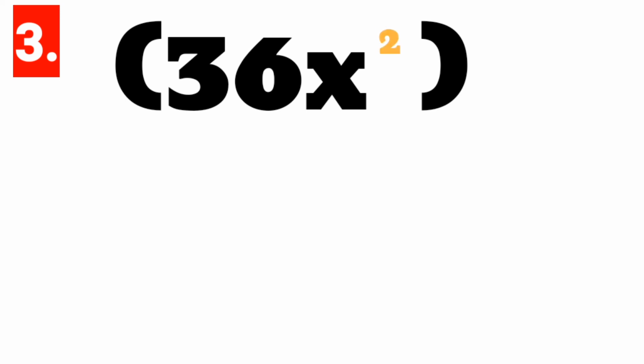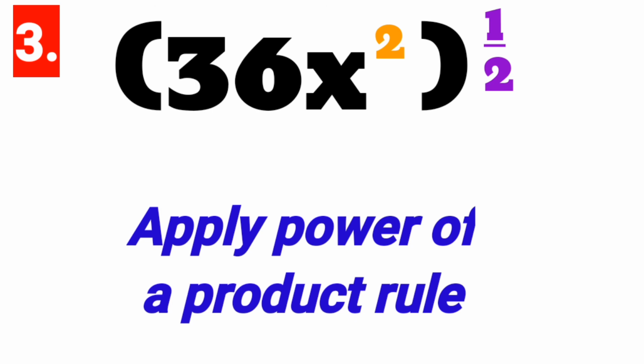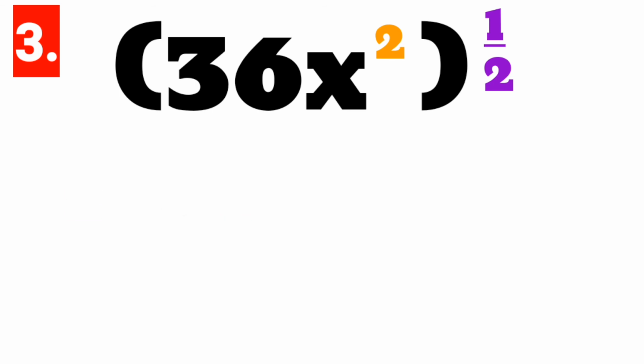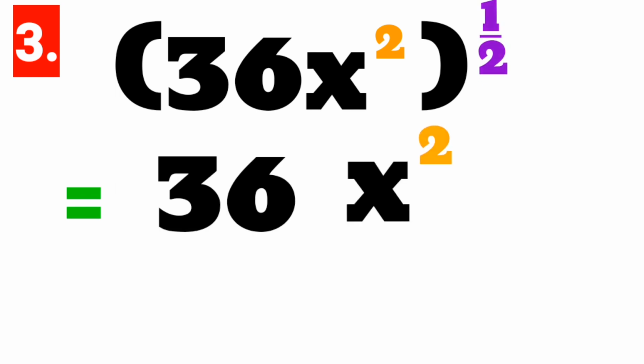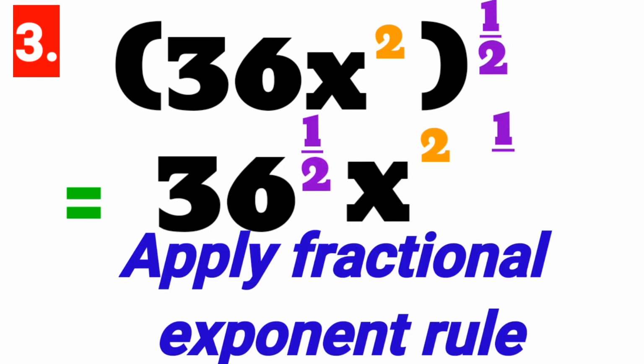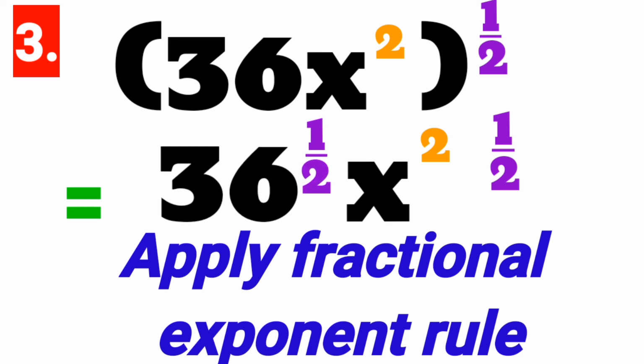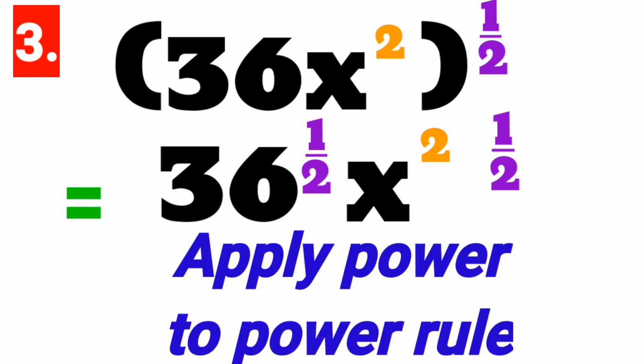The quantity of 36x squared raised to the 1/2 power. Raise 1/2 to each factor of the product. Denominator 2 is the root index, and the numerator 1 is the power. 36 to the 1/2 power is the same thing as the square root of 36.